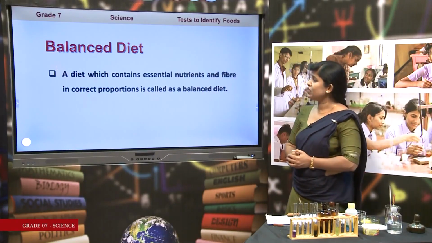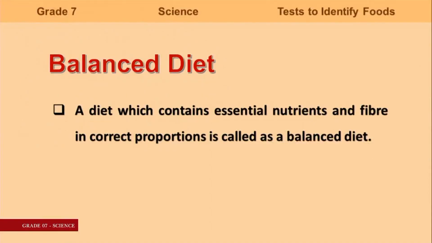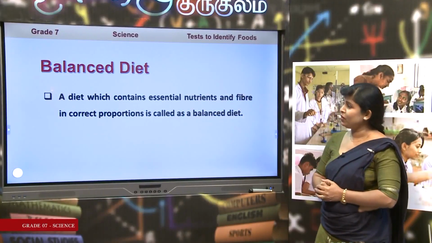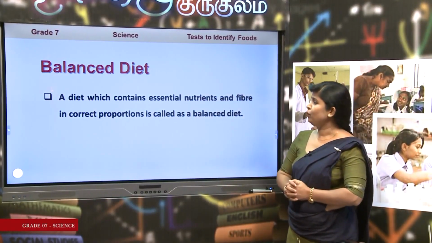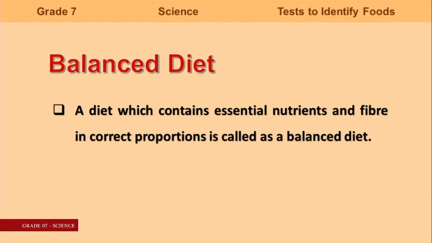A diet which contains essential nutrients and fiber in correct proportions is called a balanced diet, right? Once again read with me. A diet which contains essential nutrients and fiber in correct proportions is called a balanced diet.